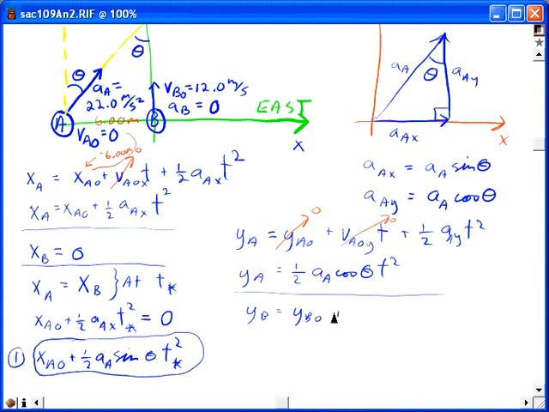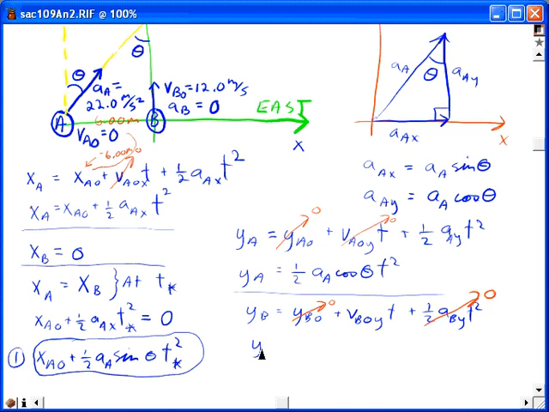Well, initial position plus VB0 y times t plus the 1/2 a sub B y t squared. Okay, it's kind of trivial because this particle has no acceleration, so that's 0, and its initial position, it started off at what I define to be the origin, so that's 0 as well.